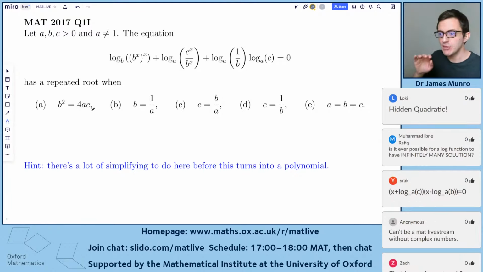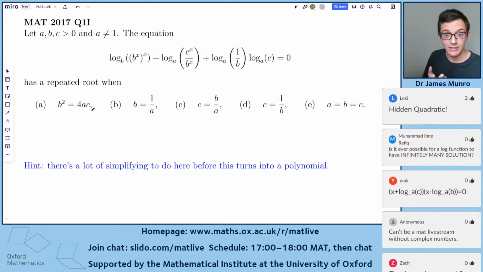Maybe the structure of the question is it's secretly a quadratic. I mean, it's just b squared equals 4ac. That's repeated roots of quadratics. Option A. Amazing. That would be one route through the question. I don't know if that's going to work out or not because I haven't done the algebra yet. Good. Okay. People want to simplify this.